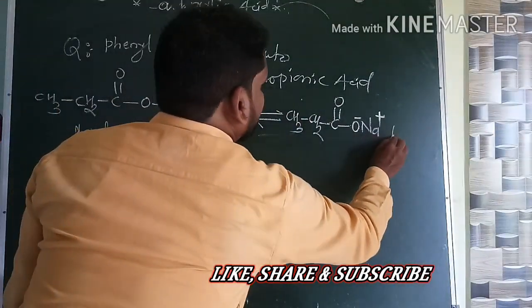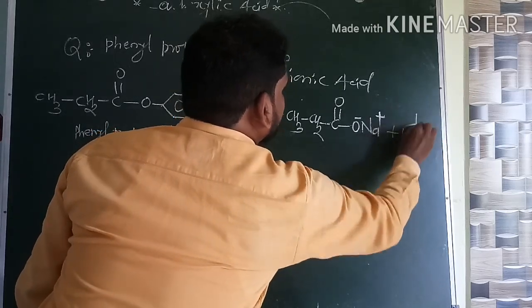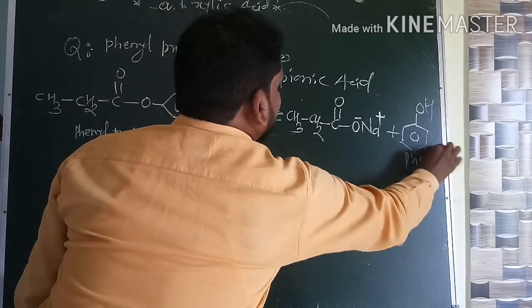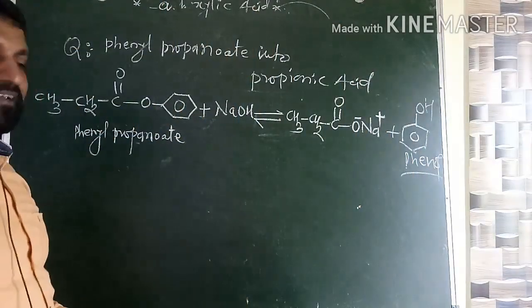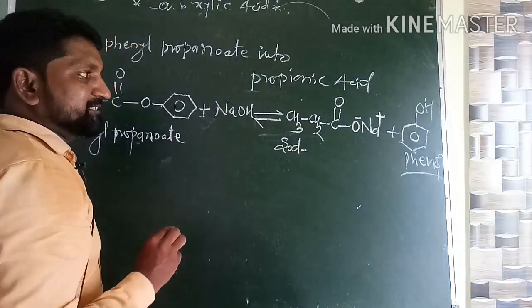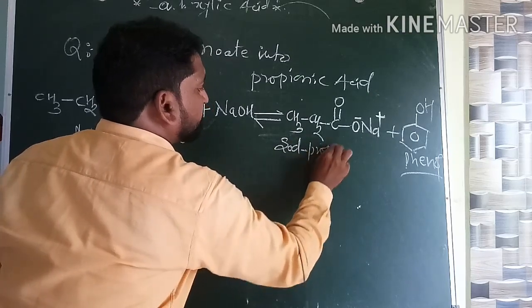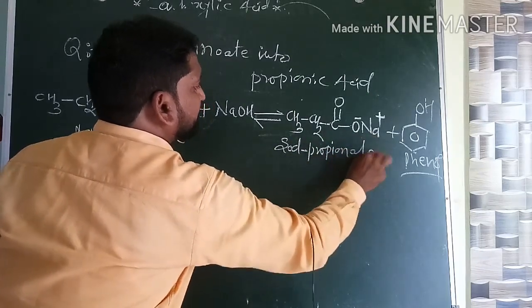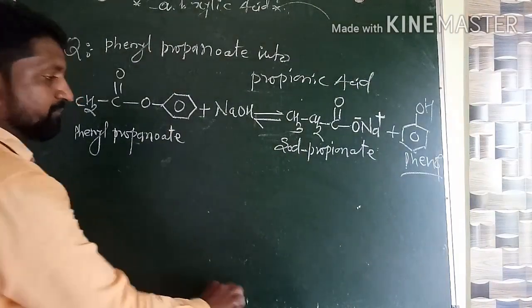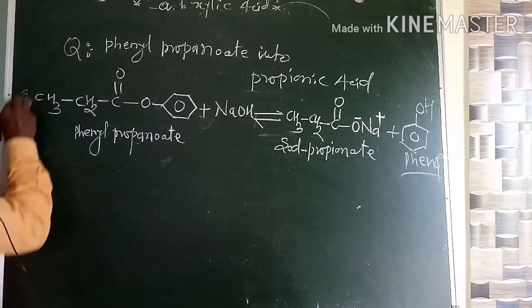Plus, here we will get phenol. And what is this? Sodium, salt of which acid? Propionic acid. Therefore, sodium propionate. Got it?